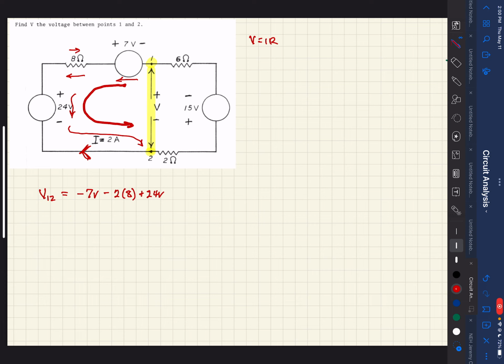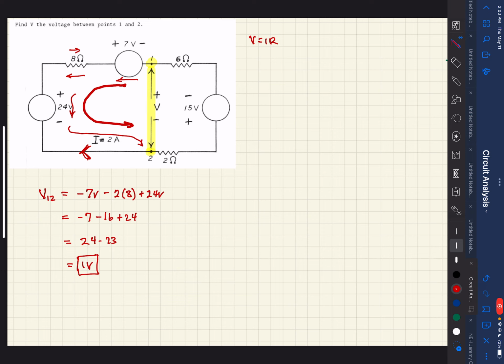So that being the case, we should be able to simplify this, and what we'll have is a minus 7 minus 16 plus 24, and then that's going to equal 24 minus 23, and that is equal to 1 volt. So we're calculating, if we go along the red path, that the potential difference between 1 and 2 will be 1 volt.